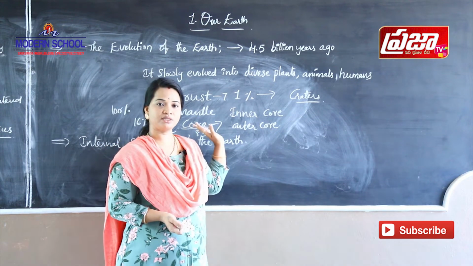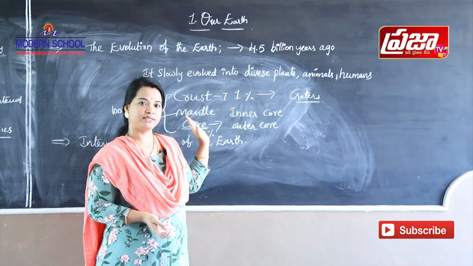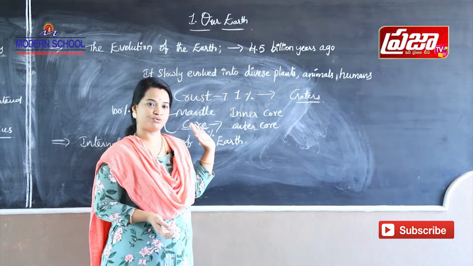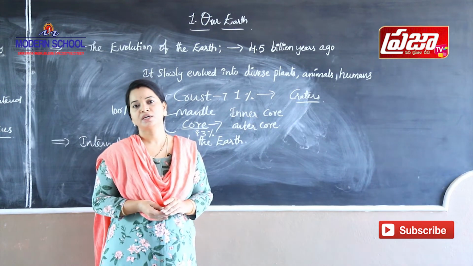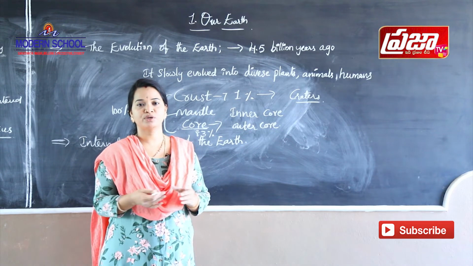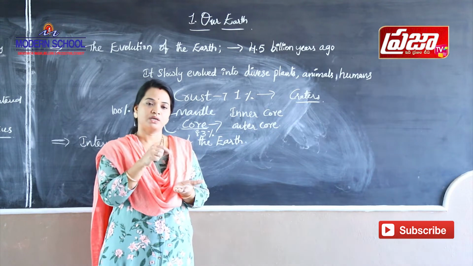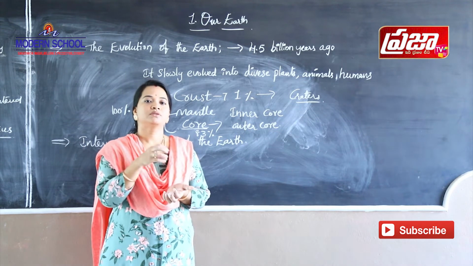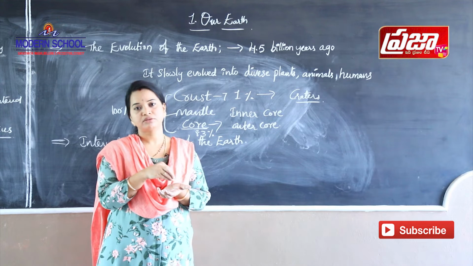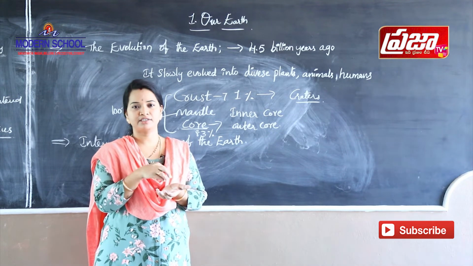To explain to the students how these 3 layers were formed, we can take the example of a glass of kheer, that is vermicelli kheer. When you take a glass of milk, in that we have the semia and the dry fruits and the nuts, everything.